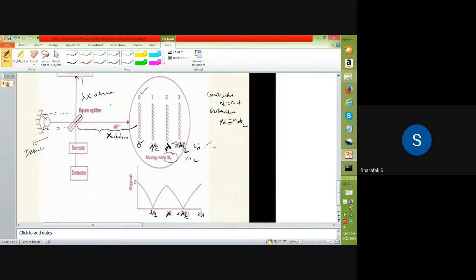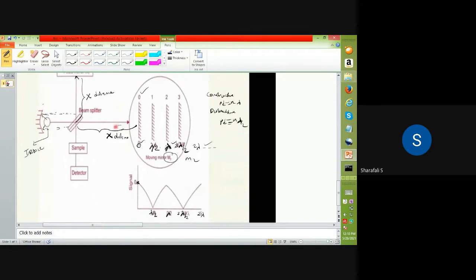Since they are the same, the path difference is 0, so they will constructively interfere, and we will get a maximum intensity.